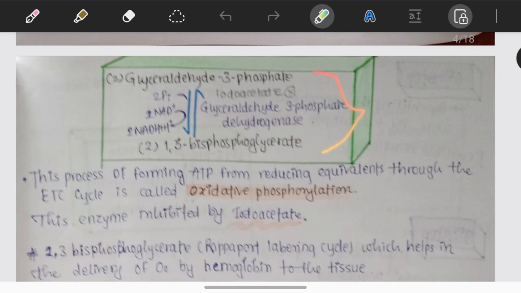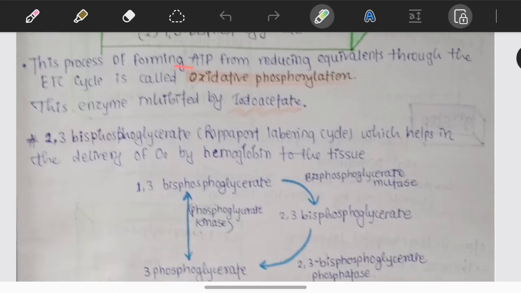In this reaction, glyceraldehyde 3-phosphate is converted into 1,3-bisphosphoglycerate, using 2 NAD plus, which are converted into 2 NADH plus H plus. Here is the star point: iodoacetate is the inhibitor of this enzyme.